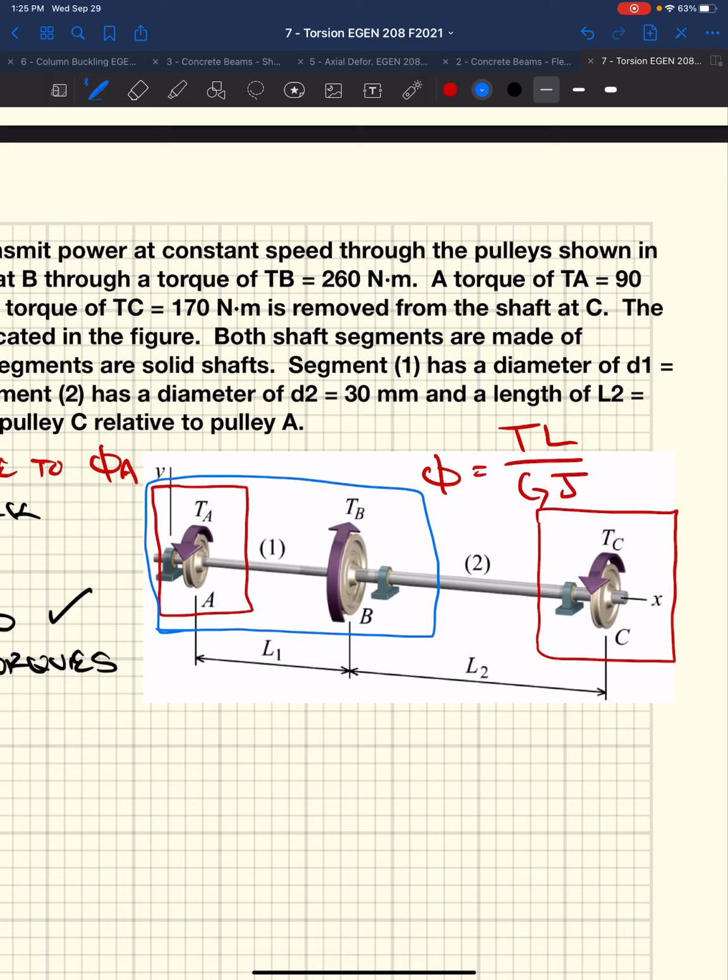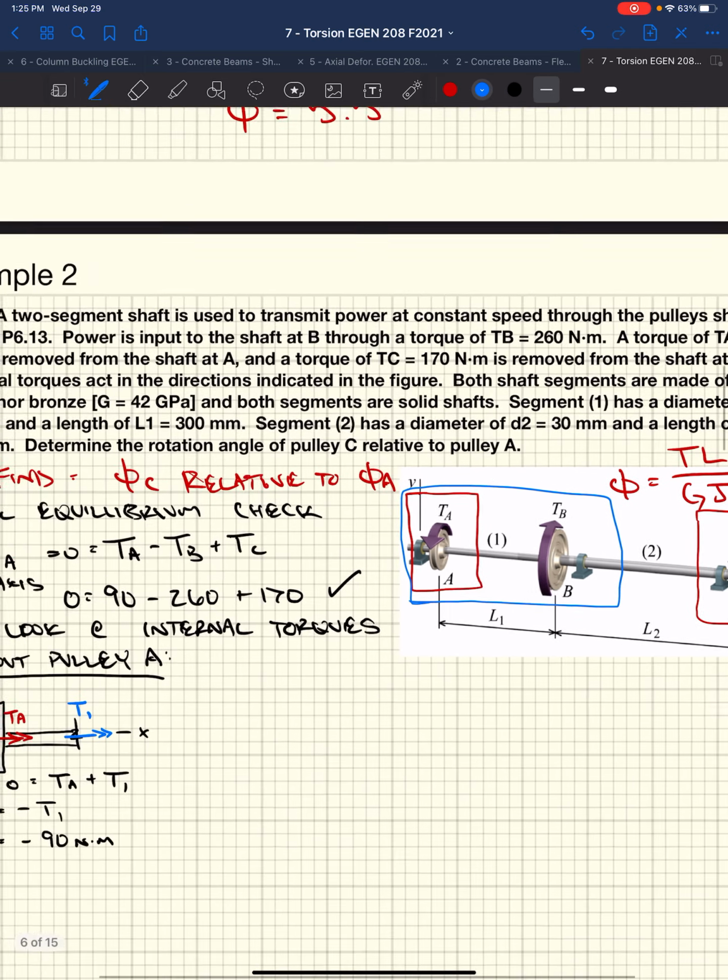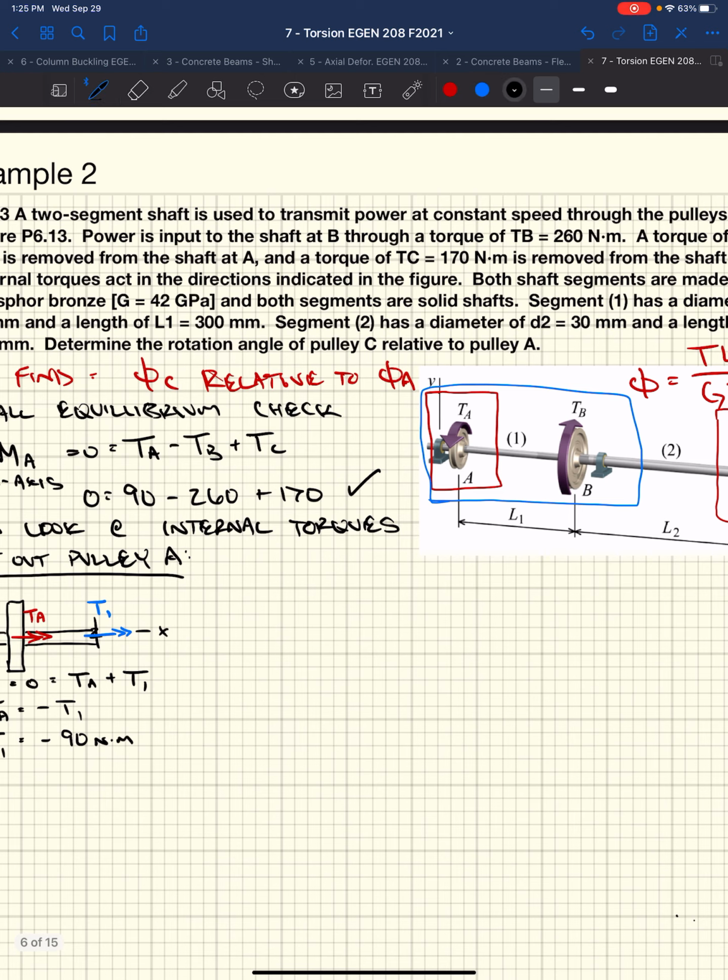This seems a bit simpler to me. One external force, one internal force. So I'm going to cut out pulley C. Take pulley C out.